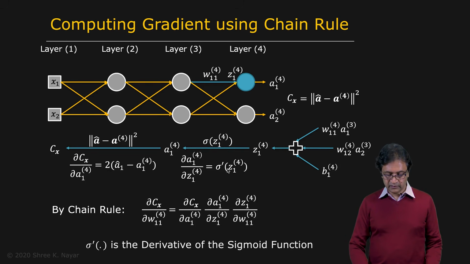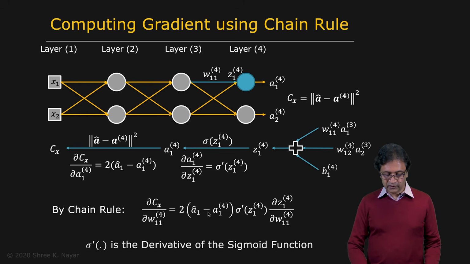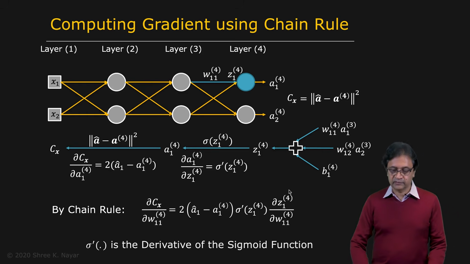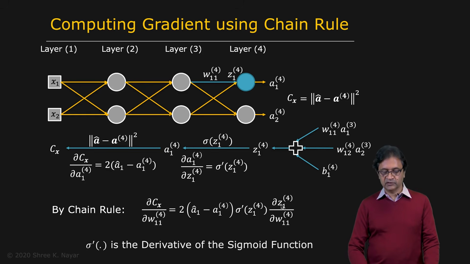You can plug those two into this equation, and you're left with one derivative, which is the derivative of Z14 with respect to W114. Well, what is that? This is the relationship right here, and that's nothing but A13. So take a look at this.